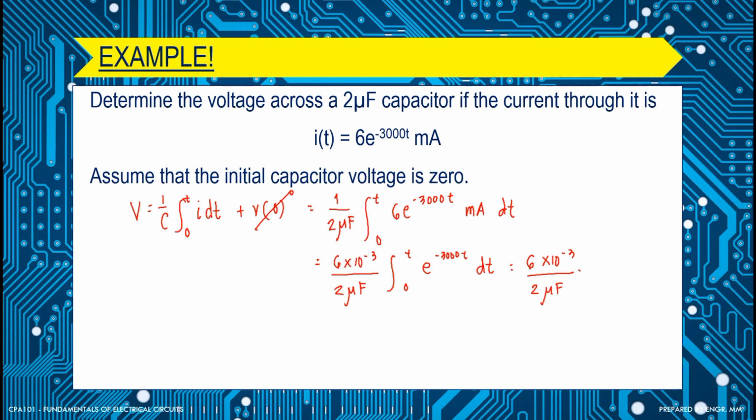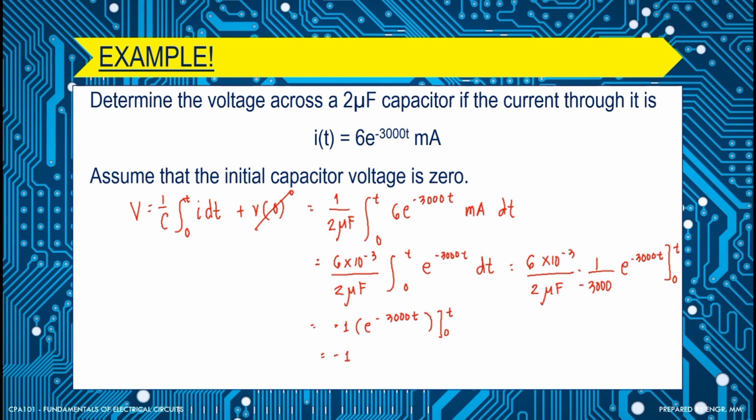So this will be 1 over negative 3000, then multiplied by e^(-3000t), limits from 0 to t. Now, let's simplify 6 times 10^(-3) over 2 microfarad divided by negative 3000. That is equal to negative 1. Okay. So we have e^(-3000t), then limits from 0 to t.